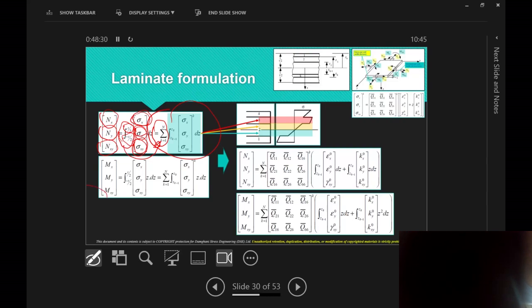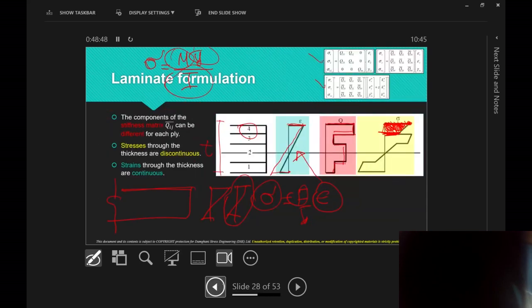The same could be said of bending moments. This time you've got the stresses, the same as force, but you've got a z attached to it. What does it mean? Essentially, when you find the force here, and this is, let's say, the midplane, the force here, let's call it nx, times that distance is bending moments.